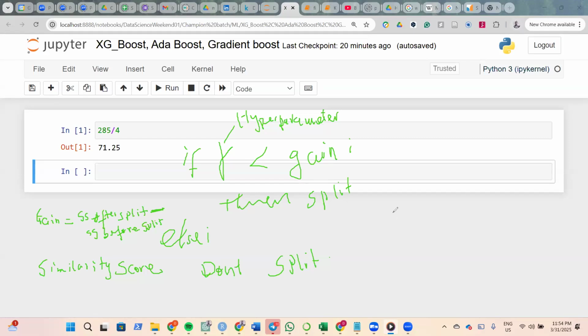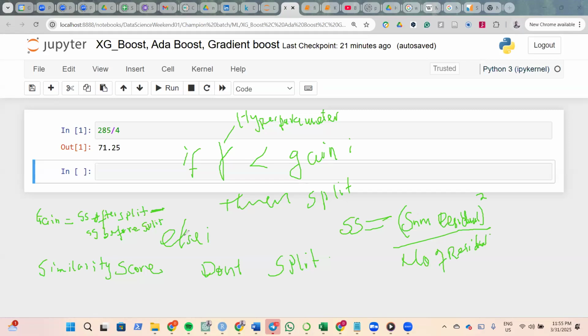So now, similarity score is defined as, let me use SS for similarity score, okay? SS is equal to the sum of residual, all squared, divided by the number of residual.